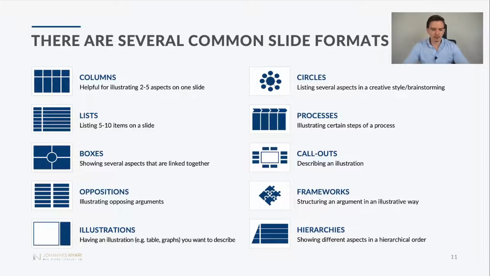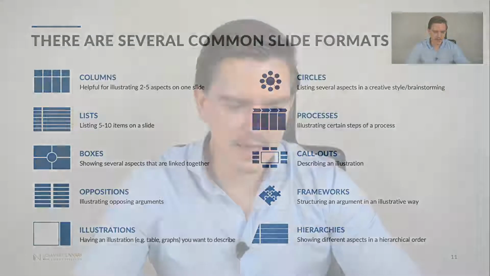Another very common format is using lists, and this is especially suitable if you have more items that you want to talk about. So maybe you just want to list 5 to 10 items on a slide. And this is very often done by using list formats. In our example, this could be illustrating the quality issues that we have.